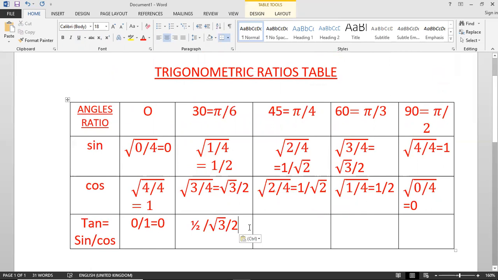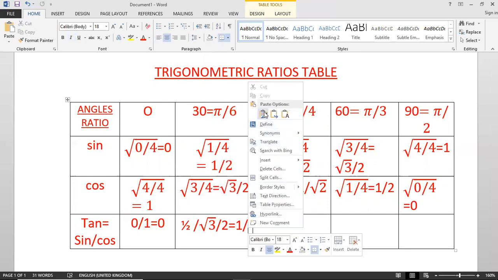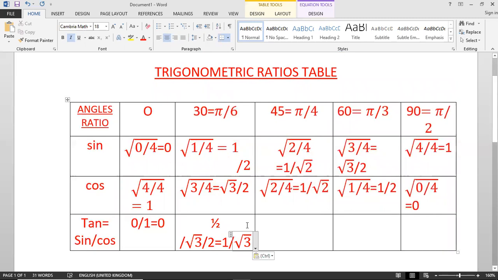Its simplification will give you, finally after the cancellation, 1 divided by under root 3. This will be the solution of this part.